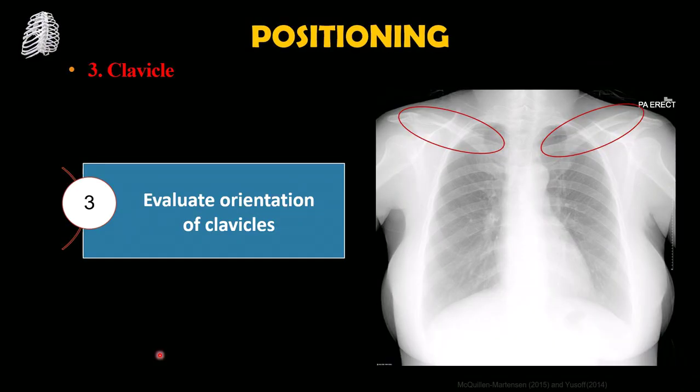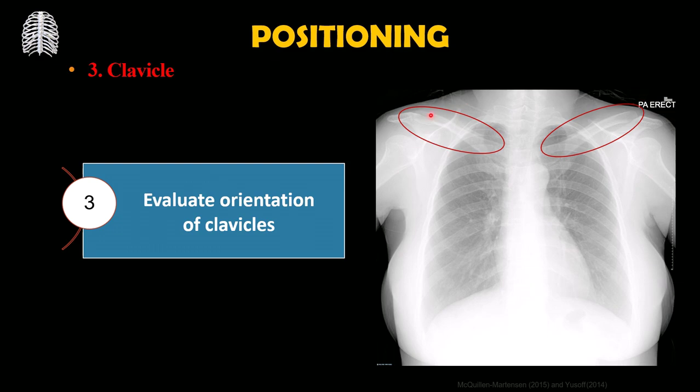Next, as discussed previously, we can see that less than 2.5 cm of apical lung field is seen above the clavicles. However, it is not due to tilting, but due to poor shoulder positioning, which resulted in elevation of the lateral end of clavicle.